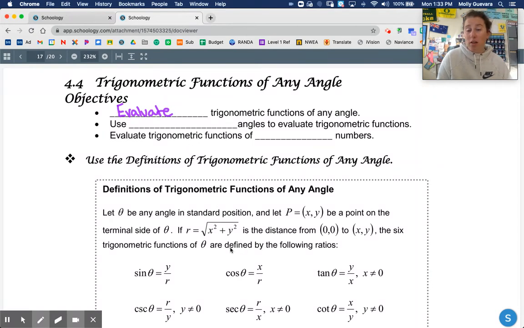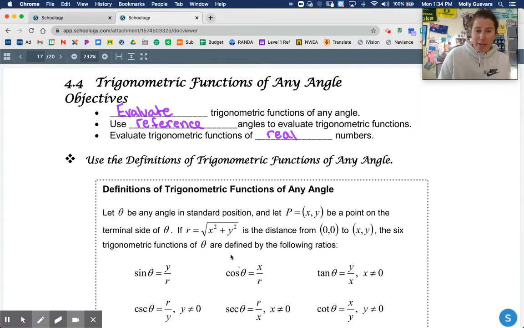So we're going to figure out what's the sine of this or the tangent or whatever. Then we're going to use reference angles, and we talked about reference angles back in 4.1, I believe. I'll talk about what they are again, but we're going to use reference angles to evaluate trig functions. And then we're going to evaluate trig functions of real numbers.